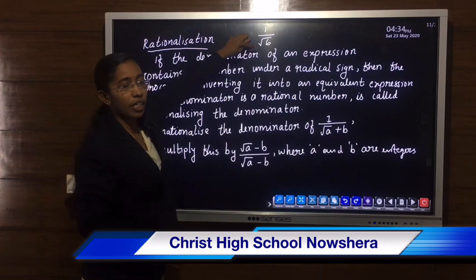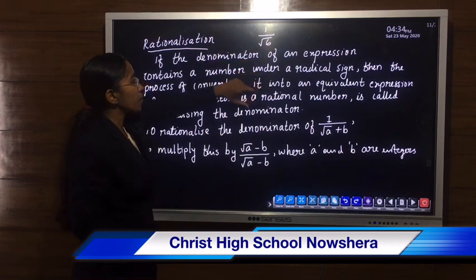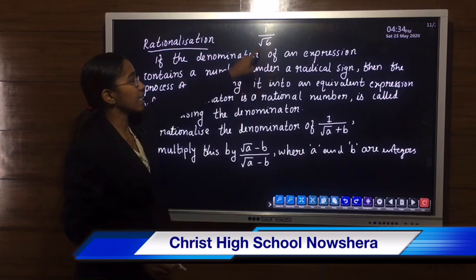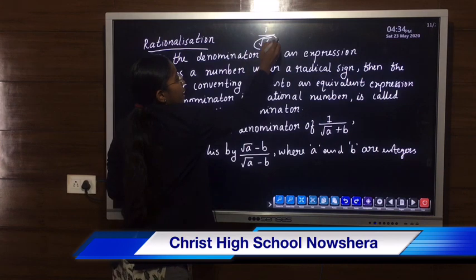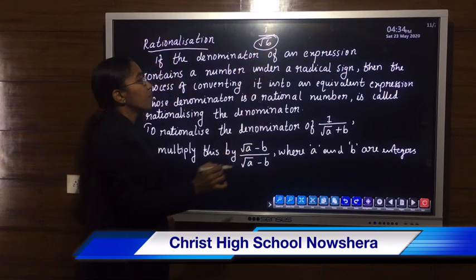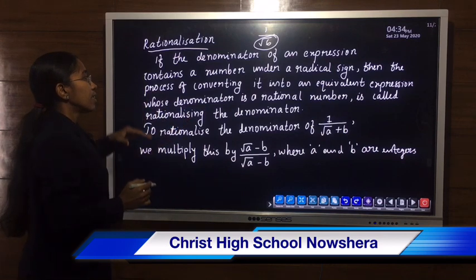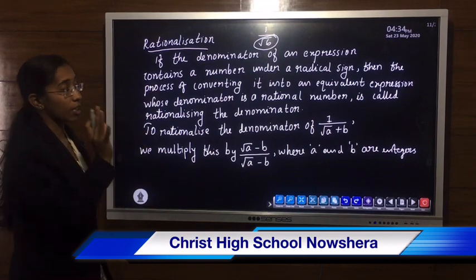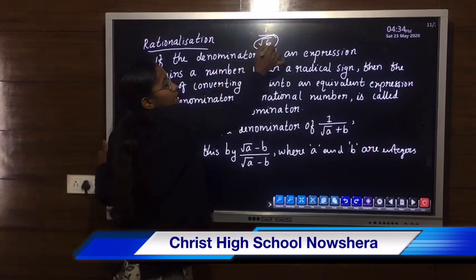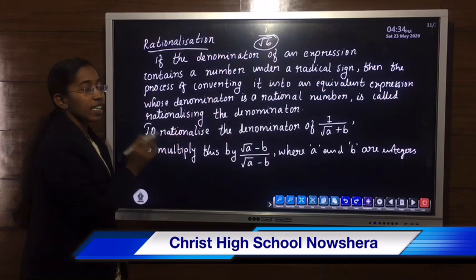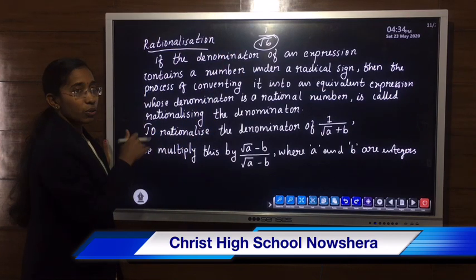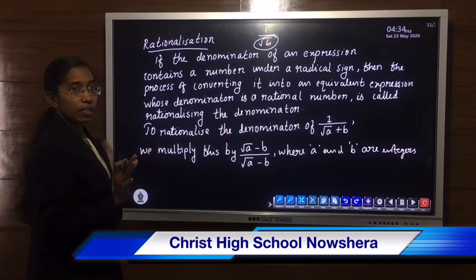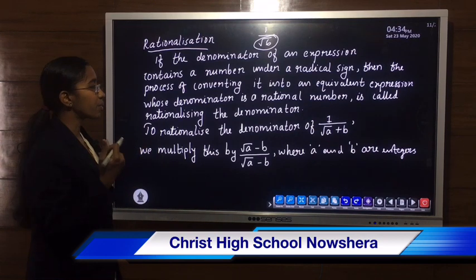Numerator is 1 and denominator is root 6. Here in this denominator there is a radical sign, so we have to convert that expression to an equivalent expression whose denominator must be a rational number. Here our denominator is an irrational number, so we convert it to a rational number, which means our denominator always becomes a rational number only. That process is called rationalization.